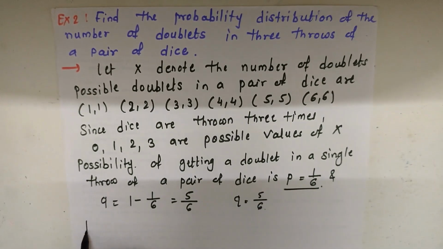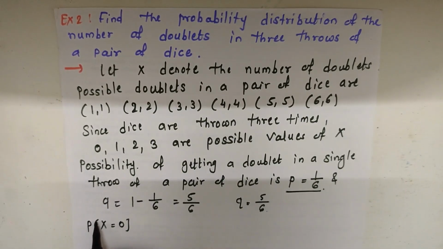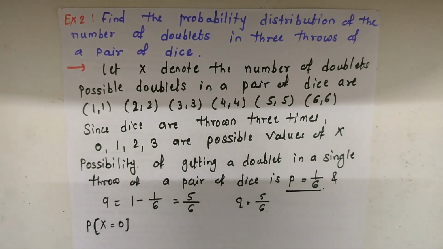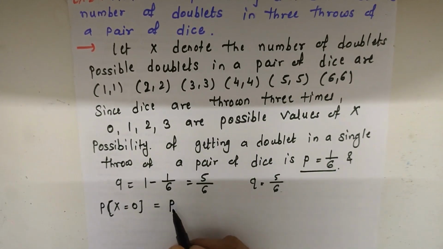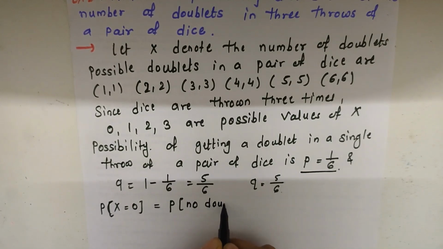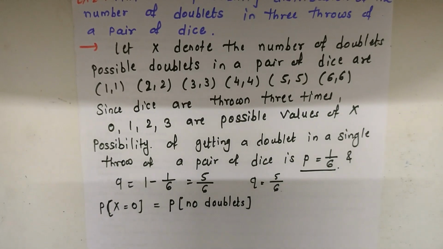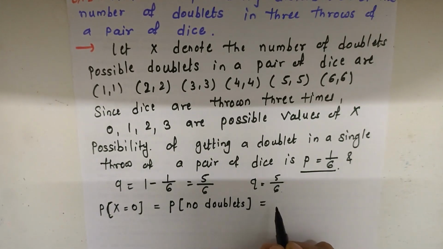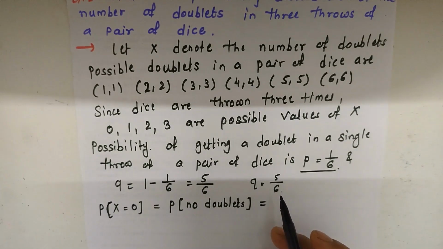So the probability of x equal to 0. Probability for x equal to 0 means the probability of no doublets. When dice are thrown 3 times, we will not get any doublet.